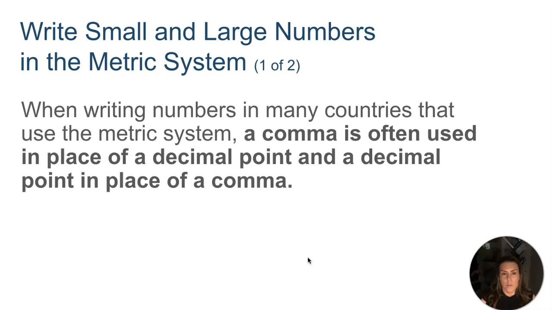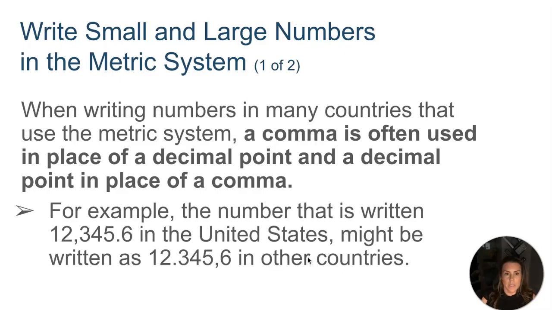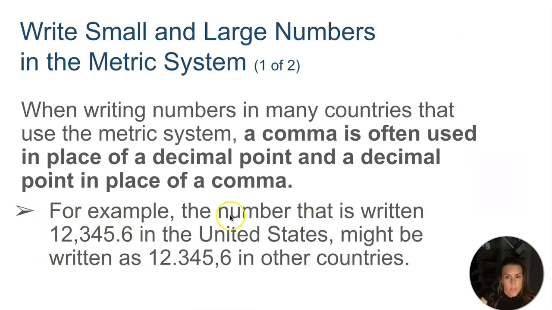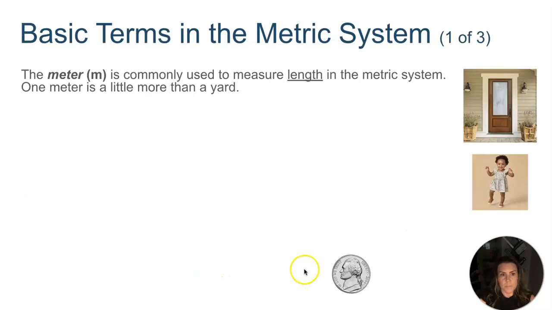Something else to know with international numbers is that in other countries, a comma is often used in place of the decimal point. So for example, this number written in the United States like that, 12,345 and 6/10, would be written in this form in other countries.